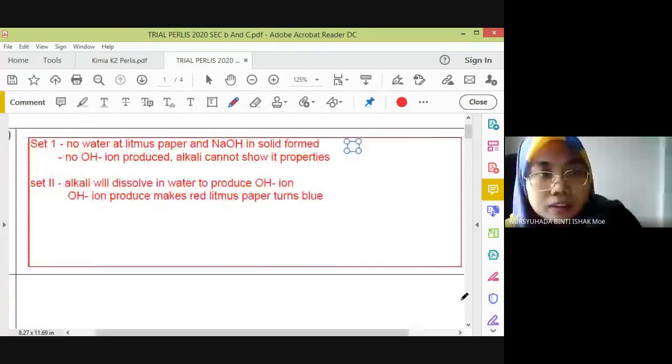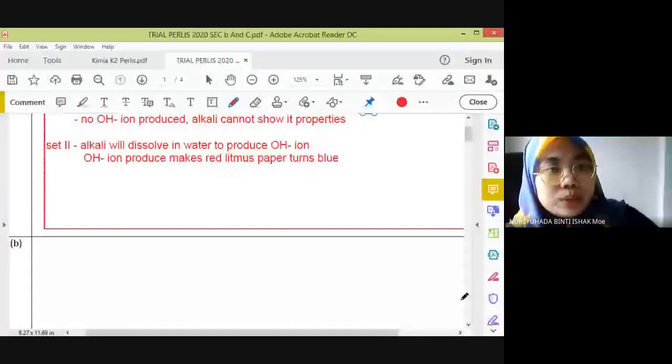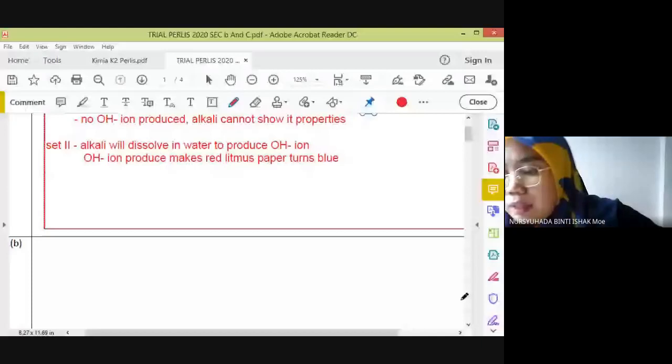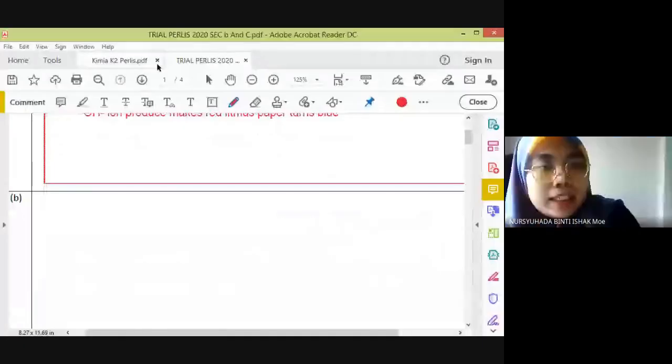Okay, next question. Question number 2, 7B. Okay, diagram 6 shows the pH value of 2 alkali. Okay, kat sini ada 13 and this one is 11. So, sodium hydroxide 0.1 mol, 0.1 mol ammonia solution. So, why?